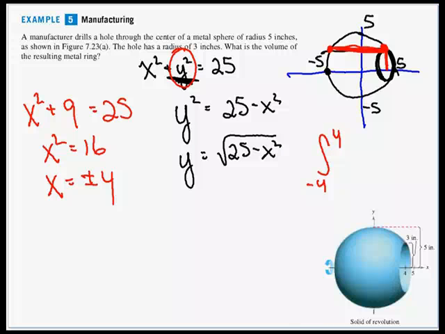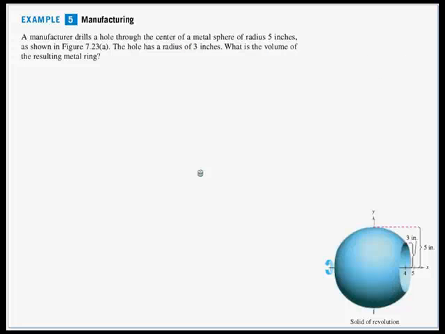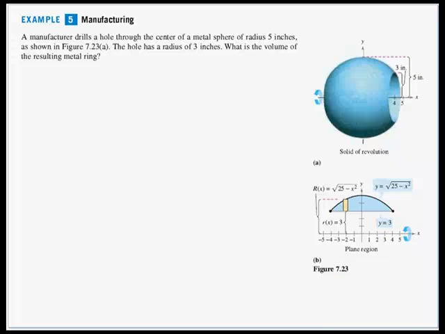Now let's think about our representative rectangles that exist between our upper and lower radii. So here's just a cross section of it. Here's the hole we drilled through the metal sphere. So we have our upper radius, looks like it's going to be this curve, the root of 25 minus x squared.